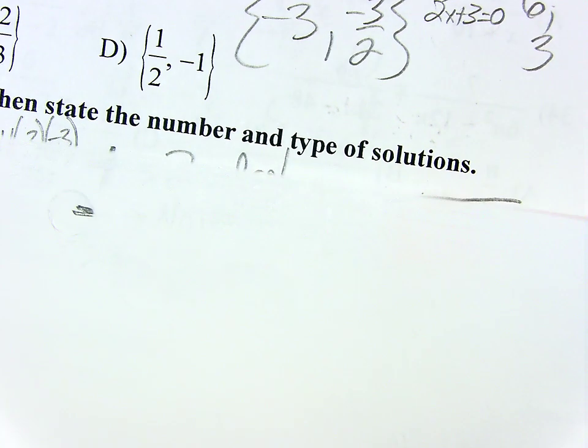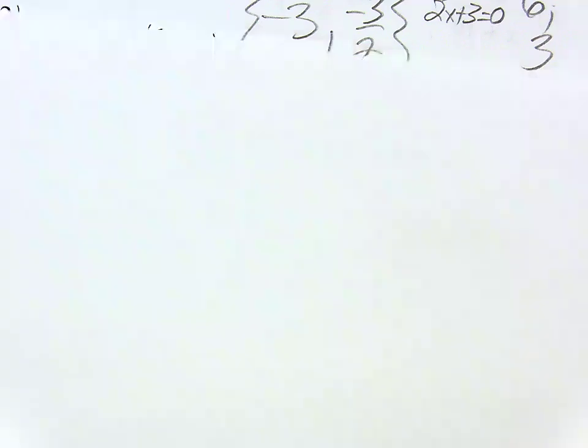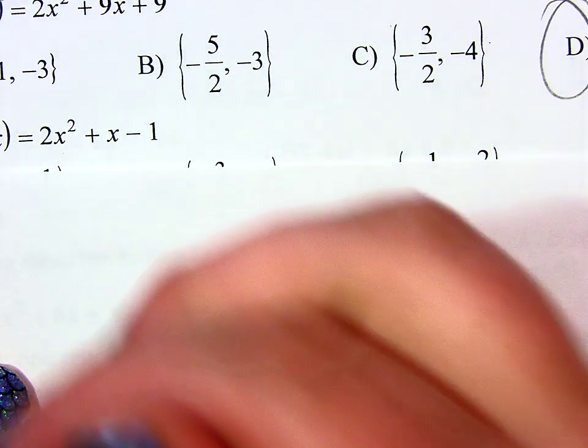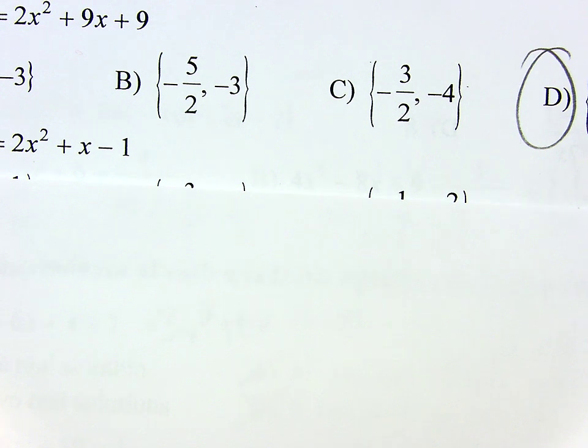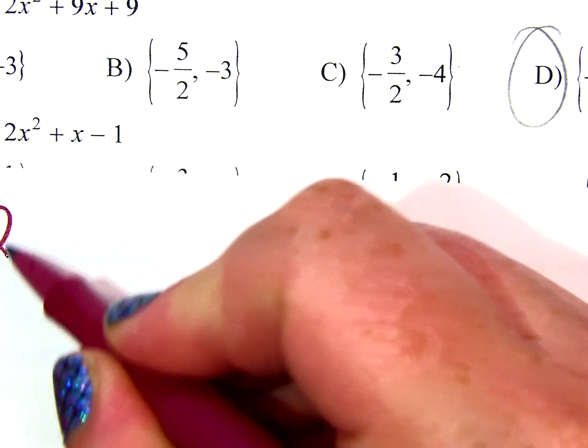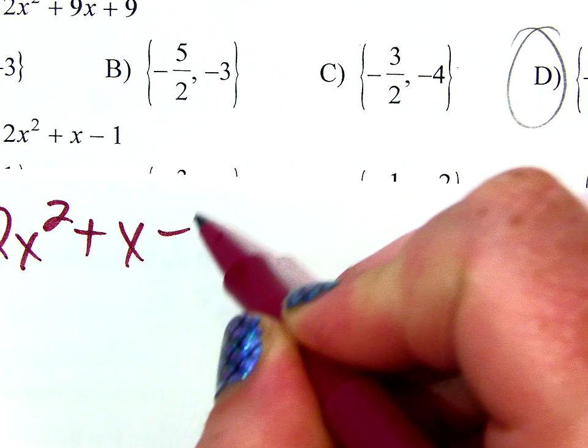All right. So, 25, you've got, what does it mean to find all zeros? That means solve it. So, 2x squared plus x minus 1.